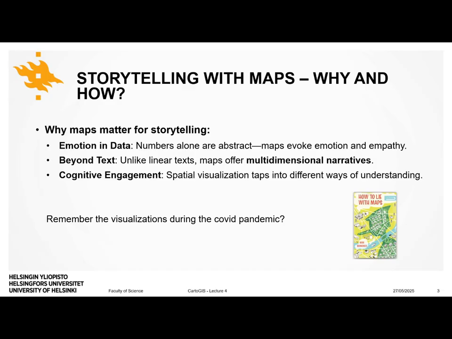And the idea was that, well, he's not the only one working in this field, but the idea is that through maps, you can tell a narrative and make it a bit personal in different ways. And through that, you can make the map a bit more influential. So why do maps matter for storytelling? There is emotion in data. Numbers alone are a bit abstract.